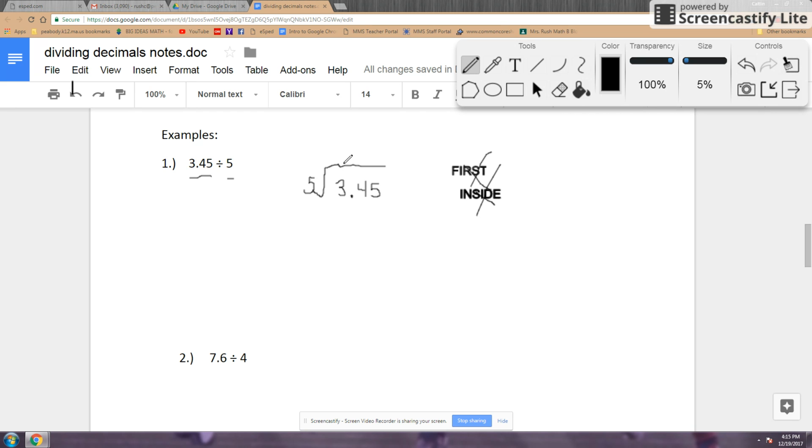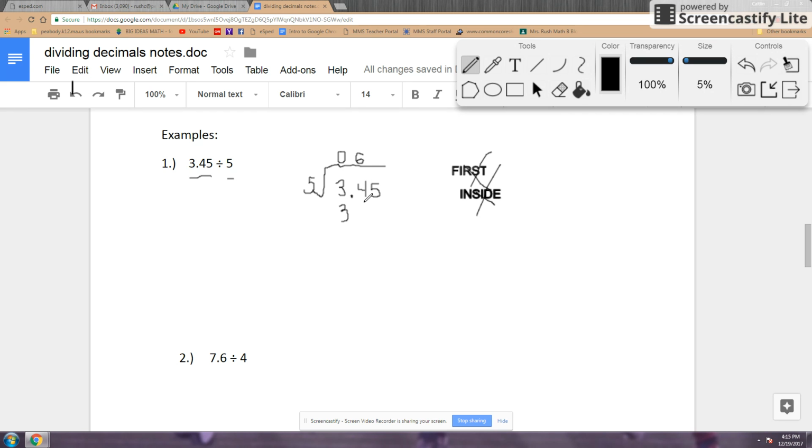We say, can 5 go into 3? No. So you don't have to do this always, but I'm going to put a 0. Can 5 go into 34? Yes, it can. It can actually go in 6 times. So I put the 6 right above where the 4 ends, okay? Then you say 6 times 5 is 30.